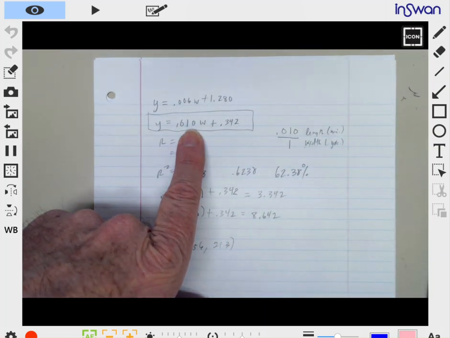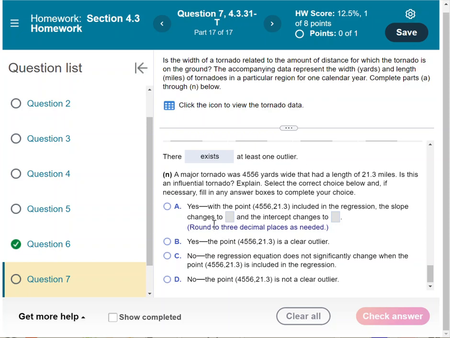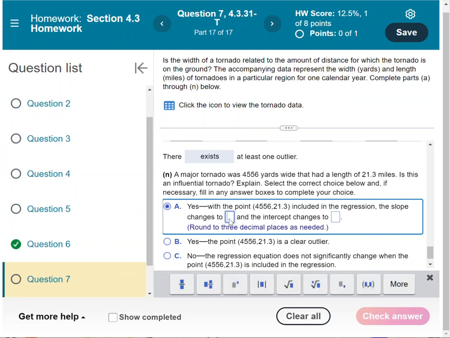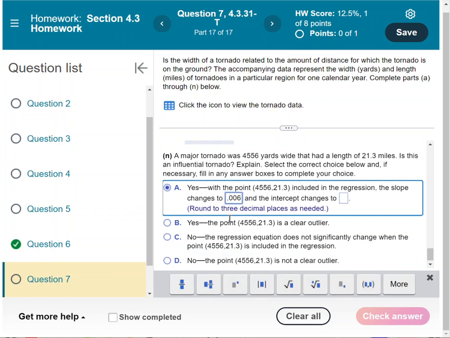So let's go back and see what our options are. Is this an influential tornado? I would say yes. So let's go ahead and click here. The slope changes to 0.006 and the intercept changes to 1.280.